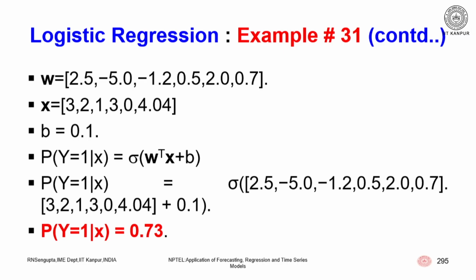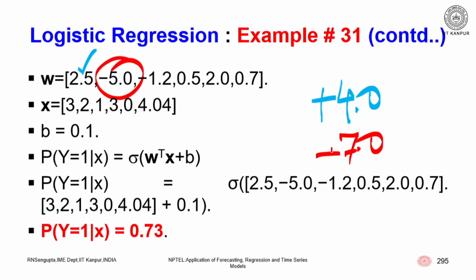These points are assigned by the decision maker himself. If the positive points are very good to him or her, the 2.5 weightage can change to, for example, plus 4.0. If the negative ones have a huge negative implication, rather than minus 5 it can be minus 7 also. So, these have to be noted.